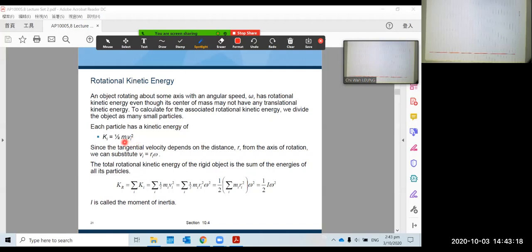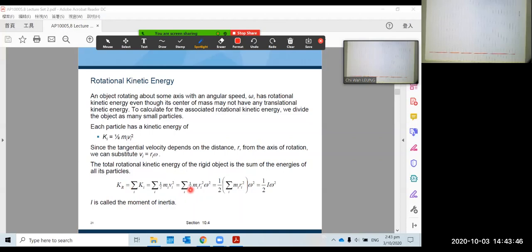Of course, you could have a collection of particles in the object moving in a linear motion. So you add them up together, and at the end, you just sum up all the masses. Velocities in the linear motion is the same for all the particles in the object. That is implicitly assumed. In the case of a rotational motion, we could do it in a similar way.